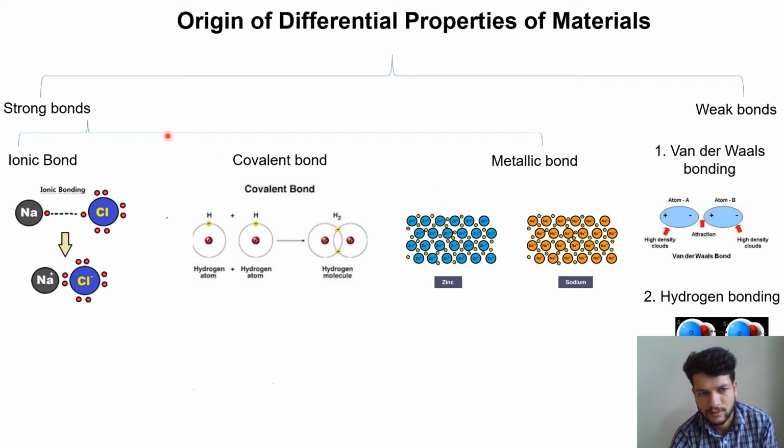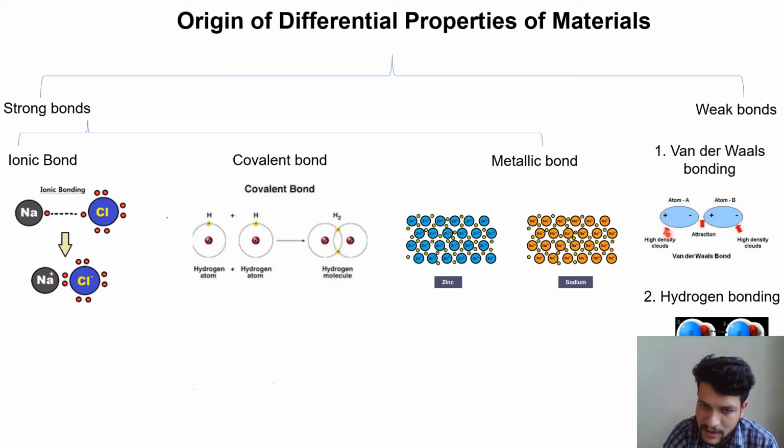In addition to these strong bonds, which are mostly present in different materials, there are also weak secondary bonds that significantly influence the properties of the materials. In the case of van der Waals force of attraction, or van der Waals bonds, this type of attraction is an electrostatic attraction between atoms. For example, atom A and atom B have different densities of positive and negative charge.